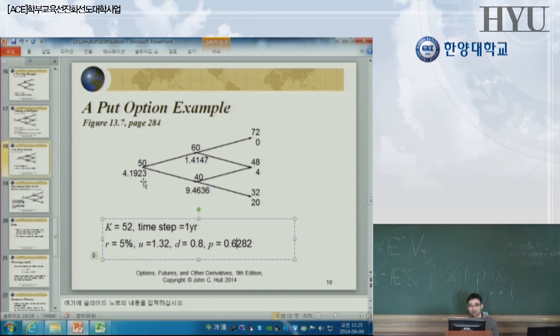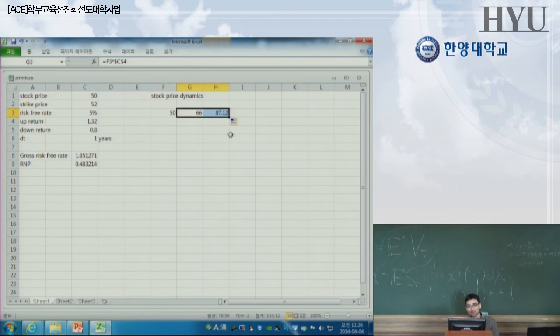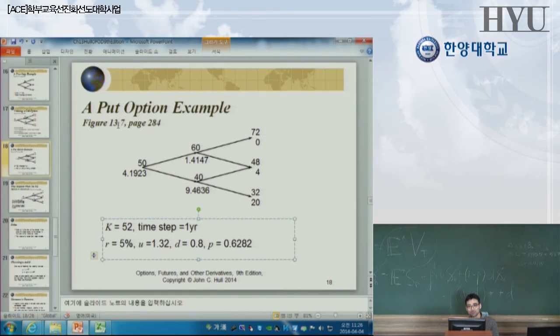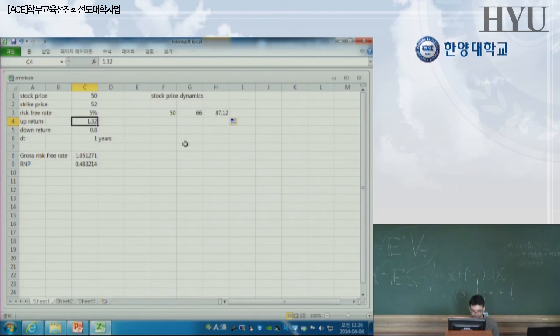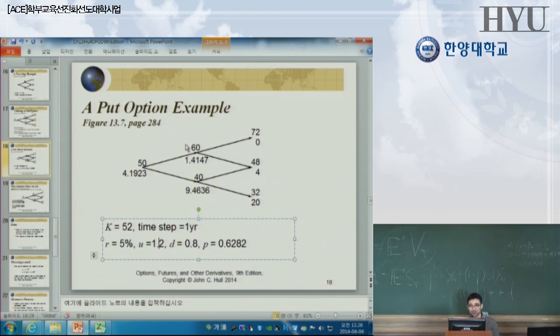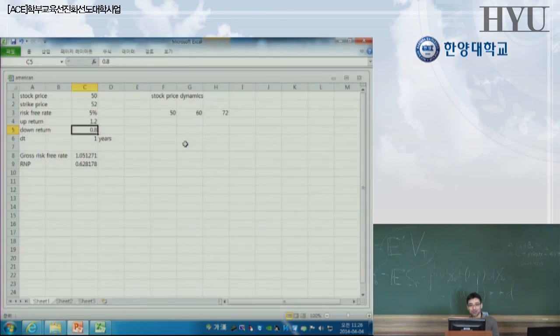Why is it 60? This is wrong. Okay, it should be 1.2. It's wrong. Okay, then this one also matches.